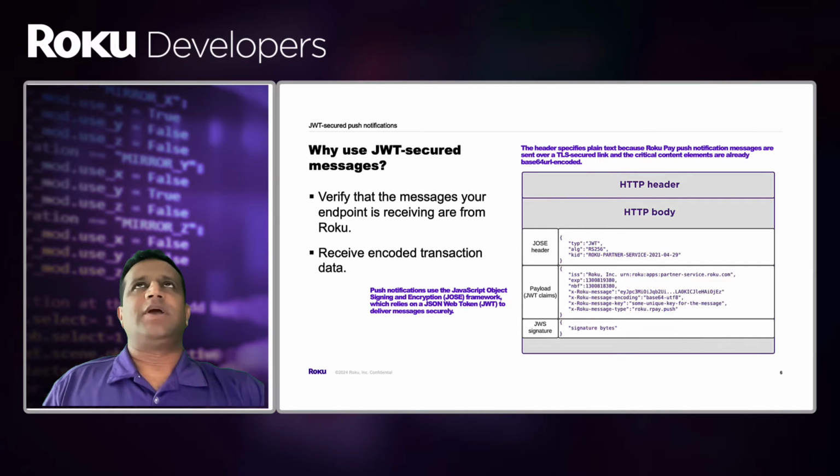The first advantage of using a JWT token is data integrity. The second advantage is compact payload size, because we can encode it, and that way you will have a reduced compact payload that you would be receiving.